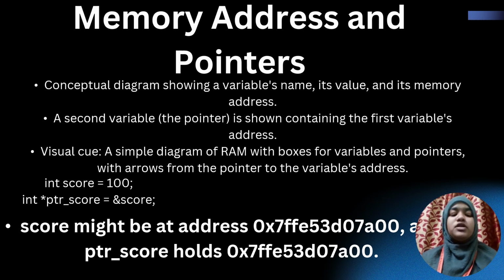If we have a variable called num, writing &num in our code gives us the exact address where num is stored in memory. Here, score might be at address 0x7FFE53D07A00 and ptr_score holds this.